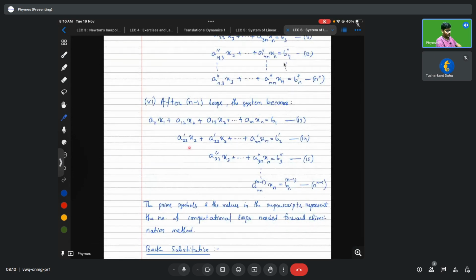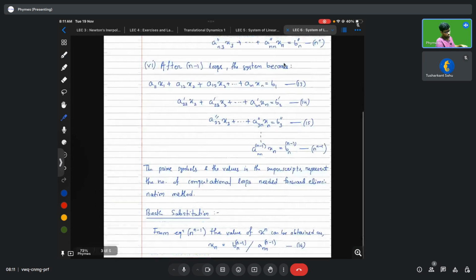Here these x2 values will be eliminated, then x3 values, then x4 values, and finally xn minus 1 values will also be eliminated. Then in the last equation, just the xn value will remain, right? So all these values will be eliminated, and the coefficient matrix will have an upper triangular form.